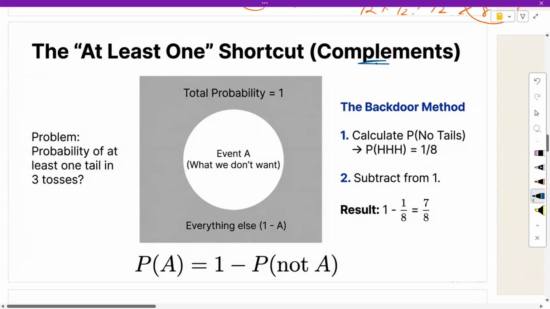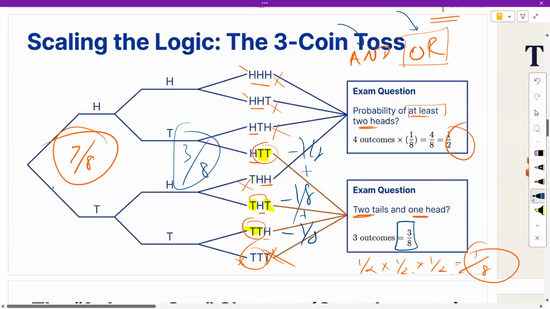Complement, one, except, right? Except here the probability of at least one tail in 3 tosses. Where can we get at least one tail?